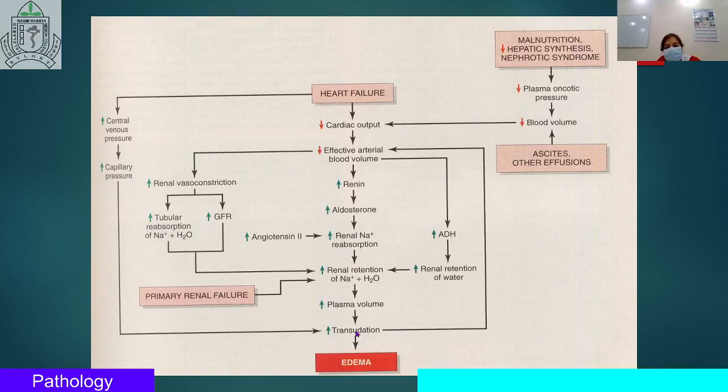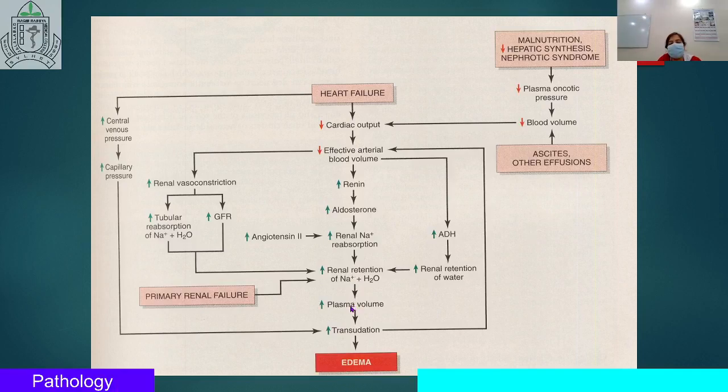There is increased hydrostatic pressure, as well as ADH increasing the renal retention of water directly, which increases renal retention of salt and water.